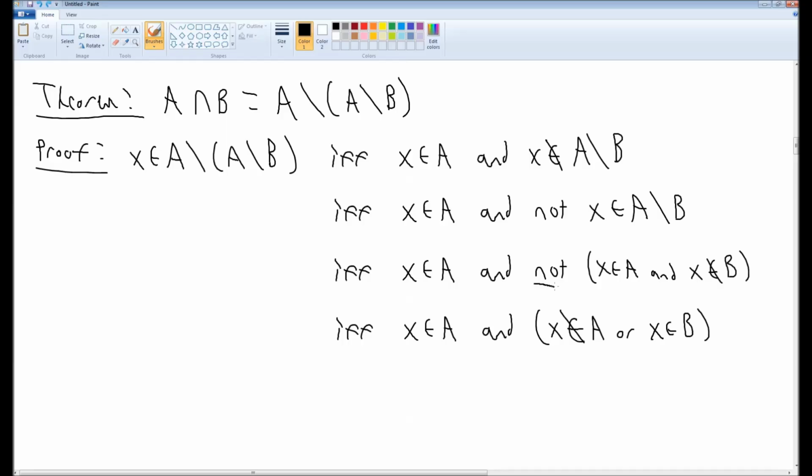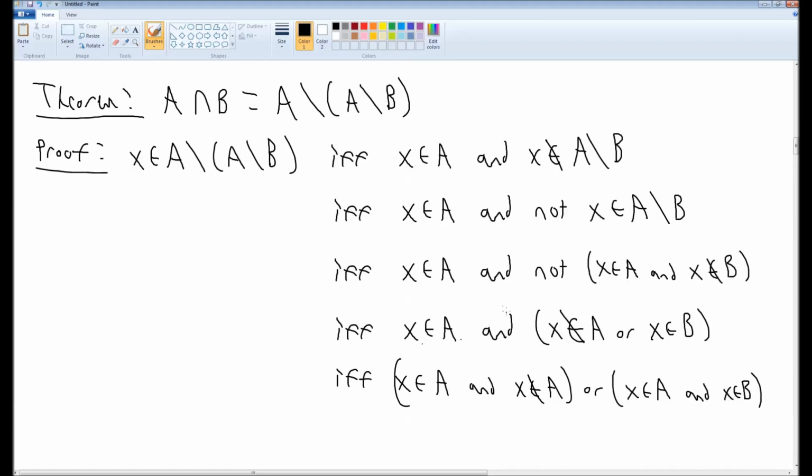Saying that it's not true that X is in A and X is not in B is logically equivalent to saying that X is not in A or X is in B. The reason is that saying some and statement is not true is the same as saying that at least one of these guys has to be false. So you can distribute the not and it changes into an or statement.